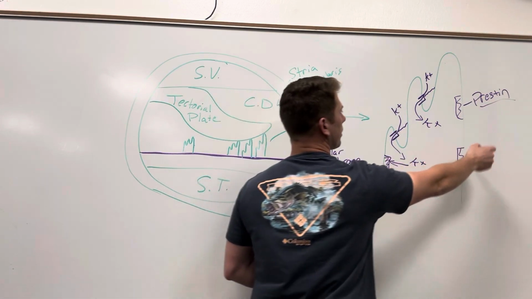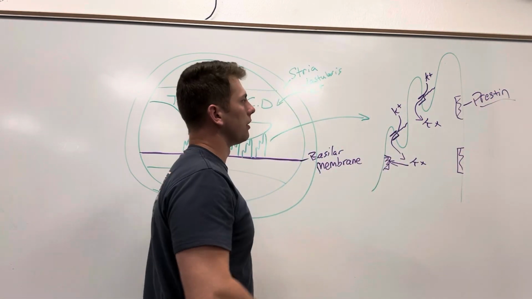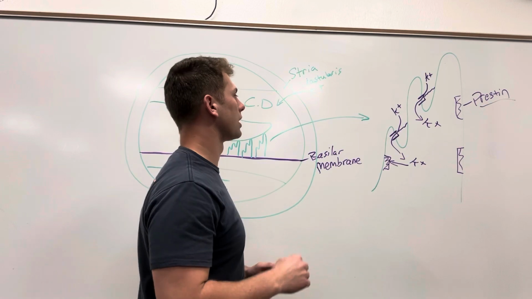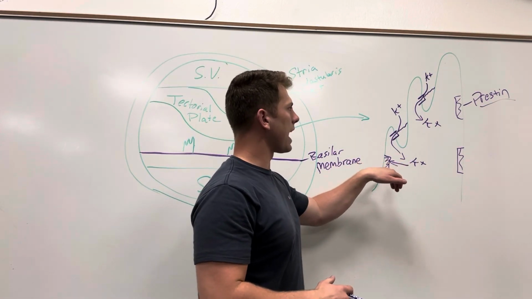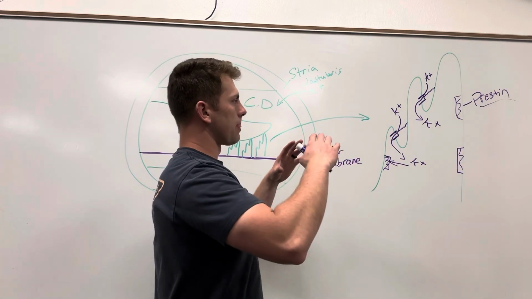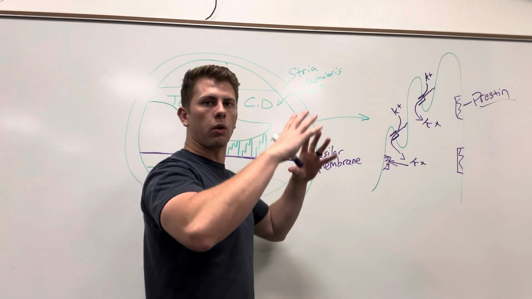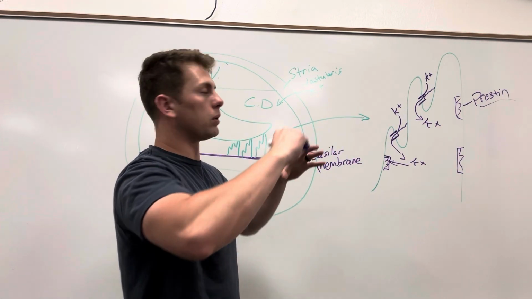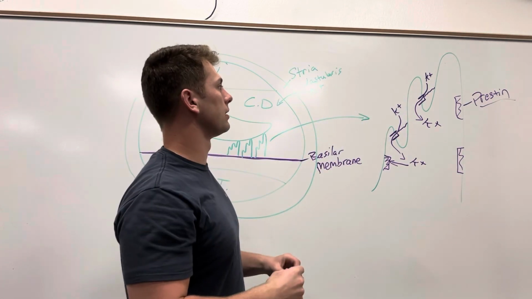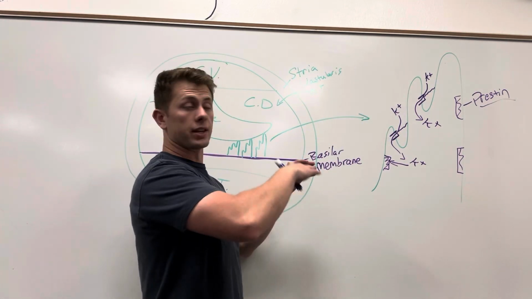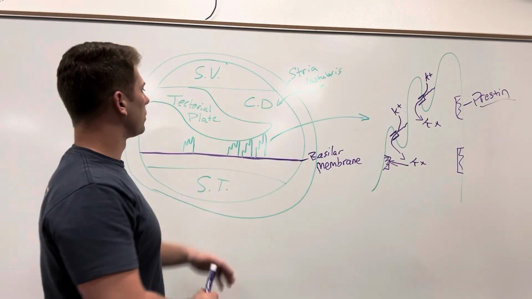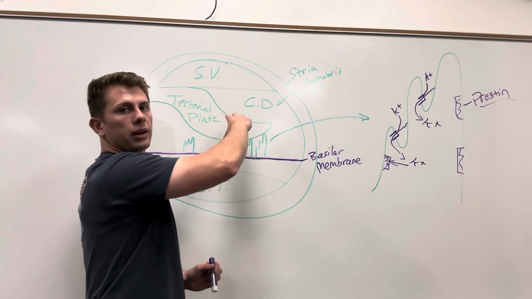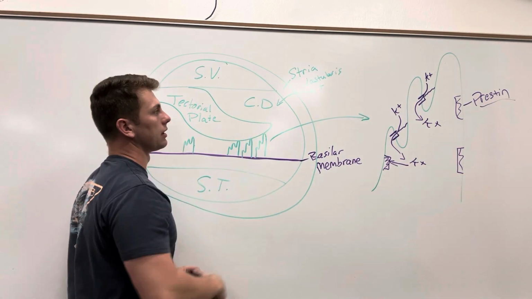It's on the outer walls of the outer rows of the hair cells. When these are activated, it allows the cell to shorten and lengthen. It's like a motor protein, this prestin. And so as the hair cell is moving up and down, it's also moving the tectorial plate up and down because it's connected.